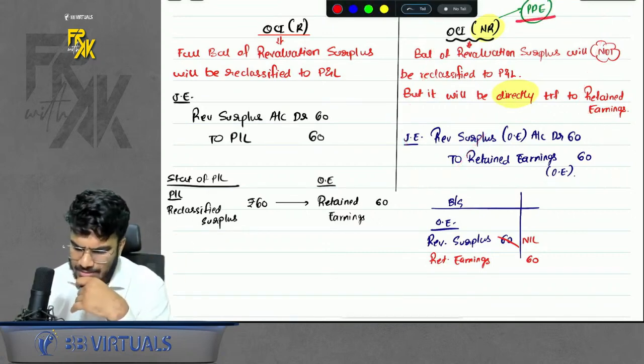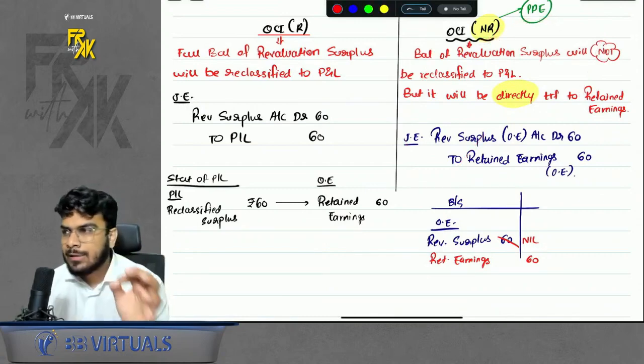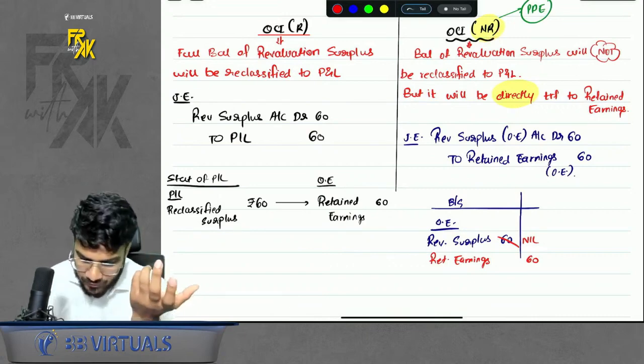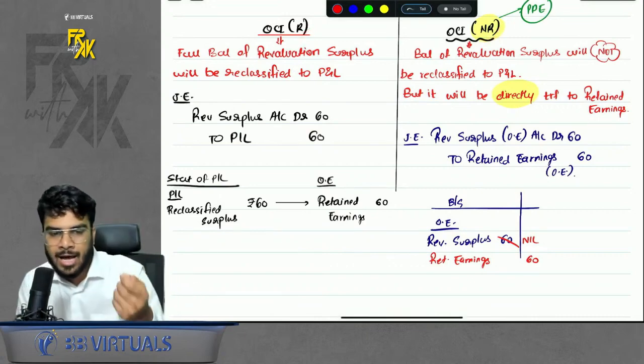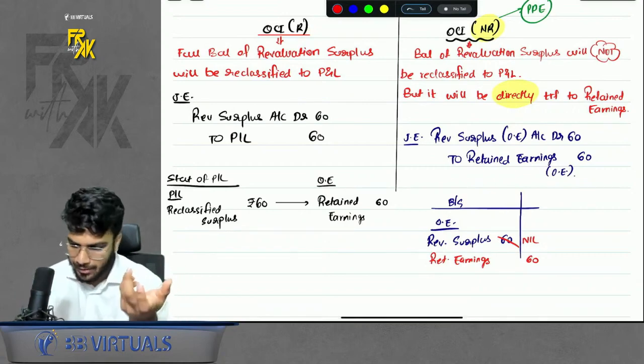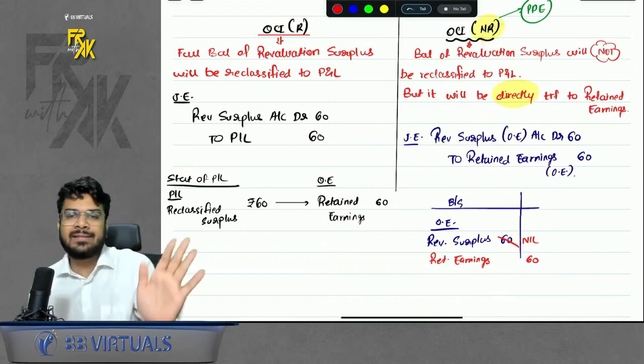Sir, who decides this? Whether this will go in NR or R? This has been defined by IND-AS. Of course, logics have not been specified why the IND-AS will put this in R or why they will put this in NR. Logics have not been defined everywhere, right? But you have to remember. So in respective IND-AS, we will try to remember the things.